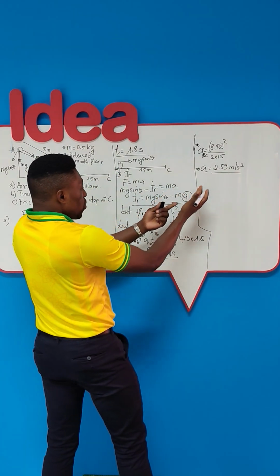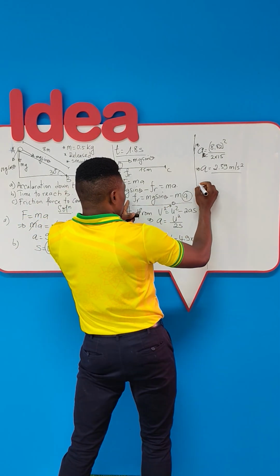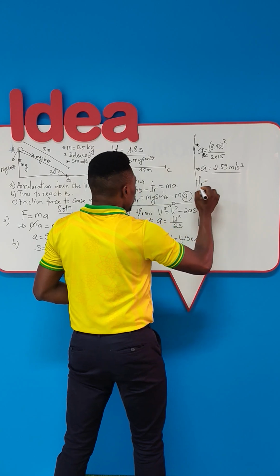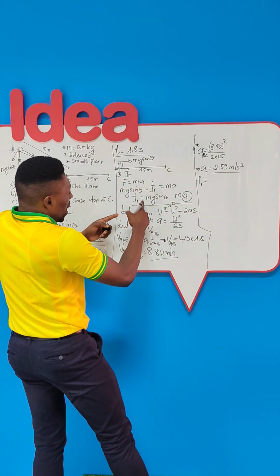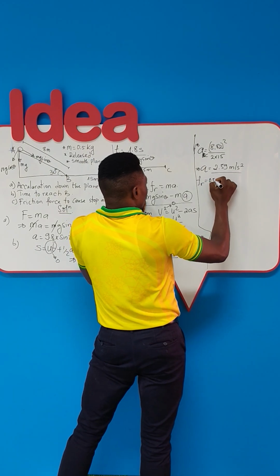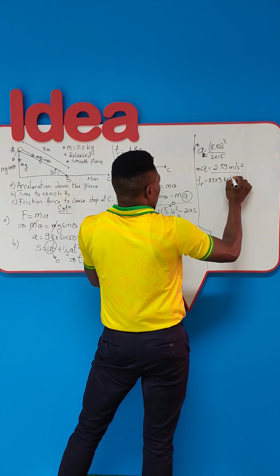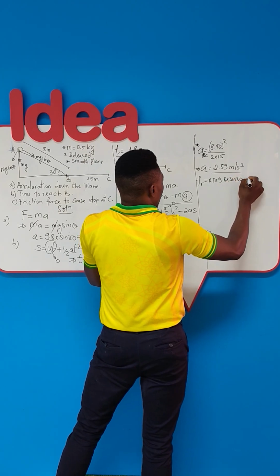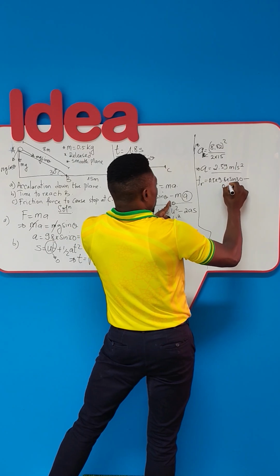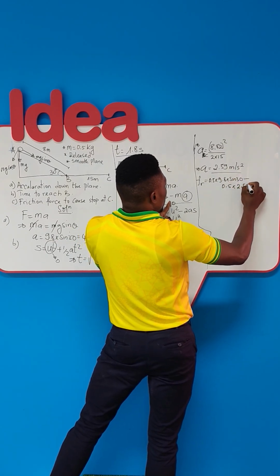So with this value of a, we come here and look for our friction force. The friction force is therefore going to be equal to mg sin theta, where we have each of these values: m is 0.5, times g 9.8, times sin 30, which is 0.5, minus ma, which is the mass 0.5 times the new acceleration we just had, 2.59.